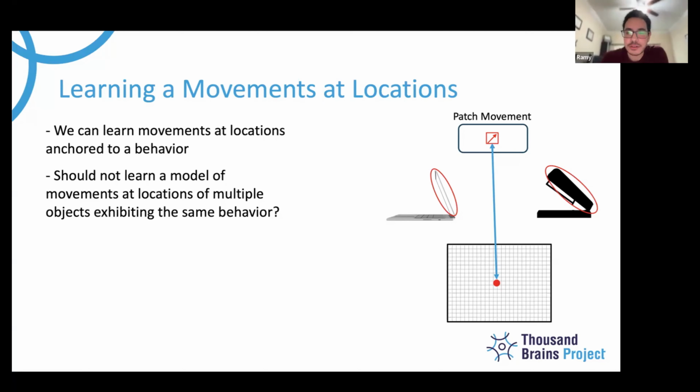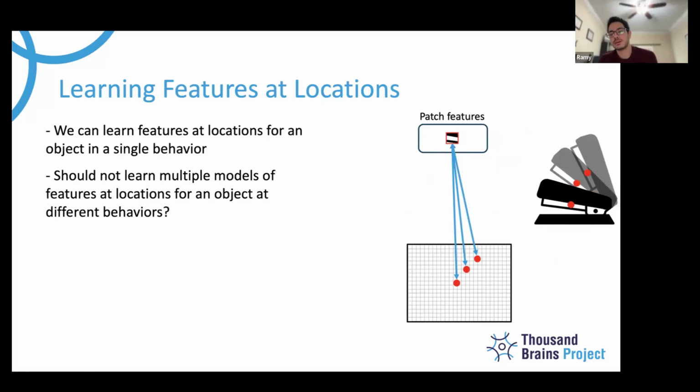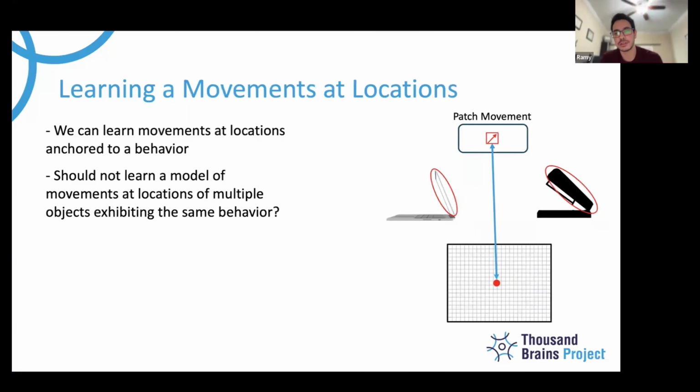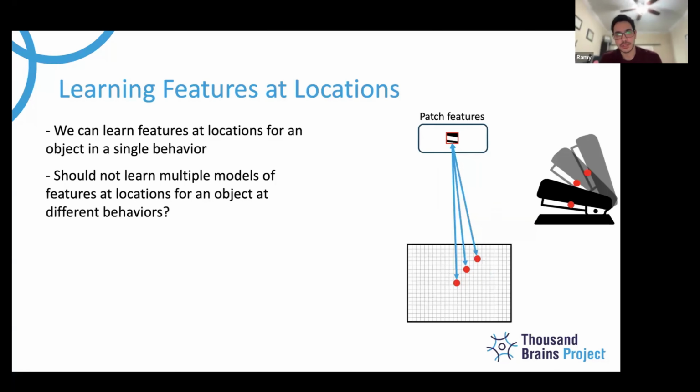I'm trying to make comparisons between learning features at locations and learning movements at locations. With features at locations, we're anchoring to an object, and we want to represent that object regardless of what behavior it exhibits, so we don't want to learn multiple models of it, where every model would have a separate behavior.